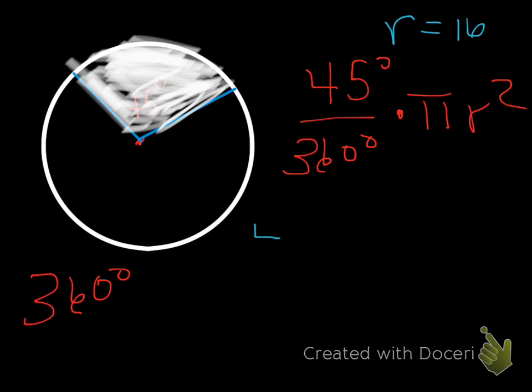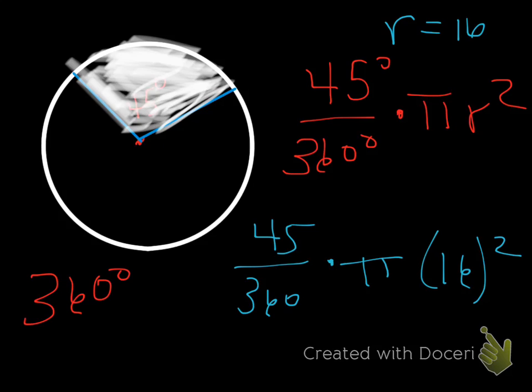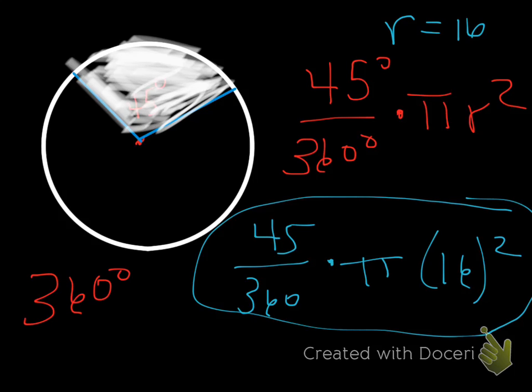Alright, so it'd be 45 over 360 times pi times 16 squared. Of course, you could work that out and simplify that. Alright, that's not really what our goal is, just to kind of set up the problems here. So you can work out and simplify that. It would either be a fraction answer in terms of pi or a decimal answer. More than likely, it's going to be a fraction answer.